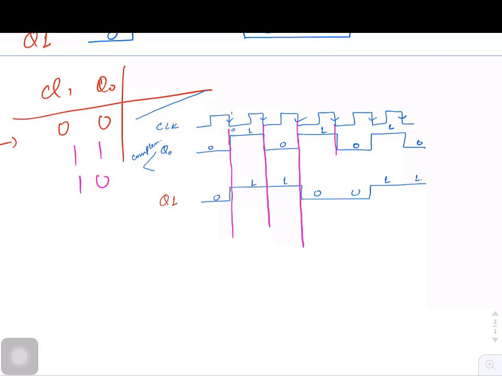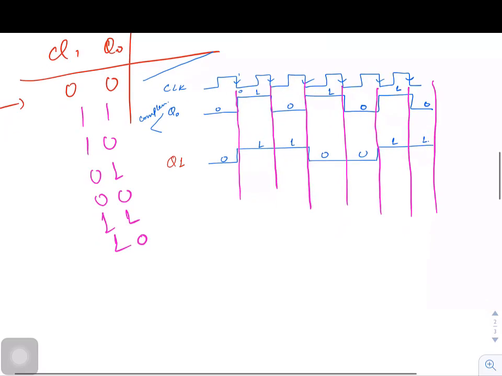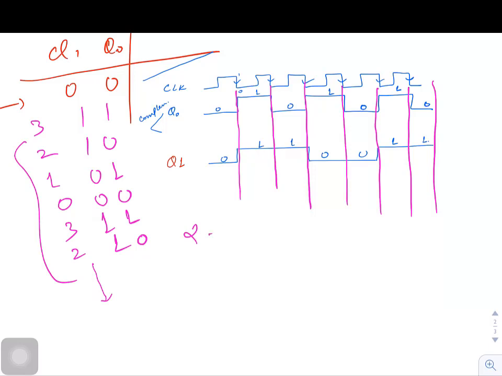After 1 0, in the next clock pulse we are getting 0 1, and then again you are getting 0 0, and then again it is 1 1, it is 1 0, and the process continues. So it is acting as a down counter, 3 2 1 0, then again it is moving like this. So it is a 2-bit asynchronous down counter.